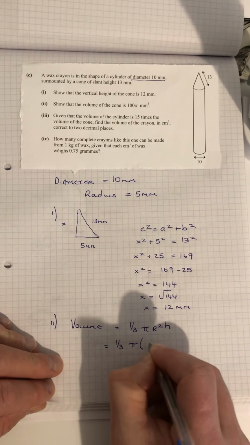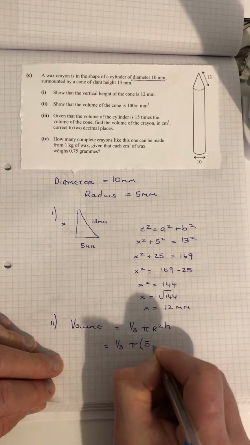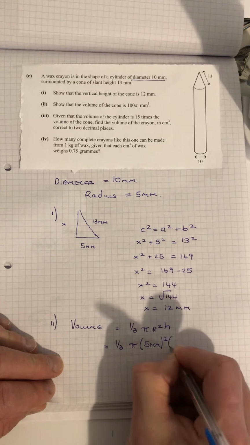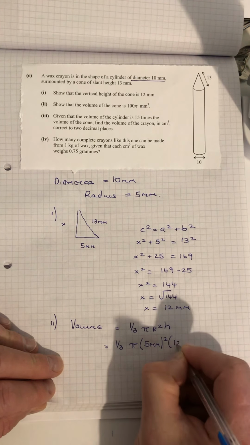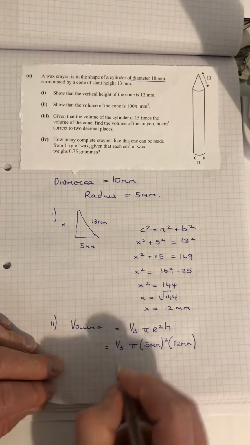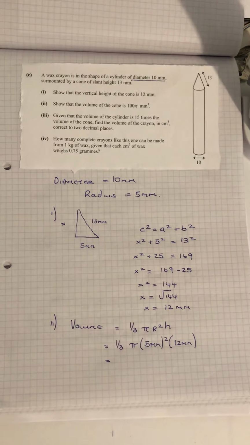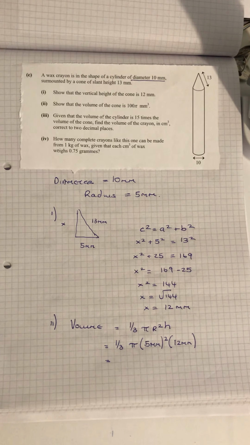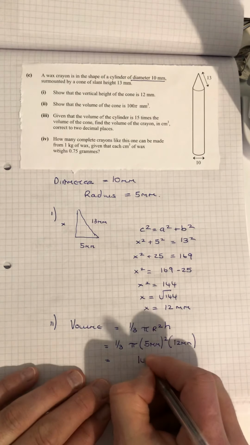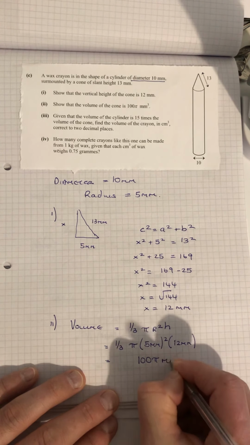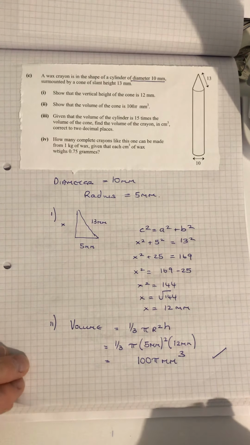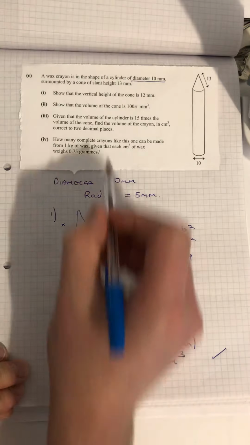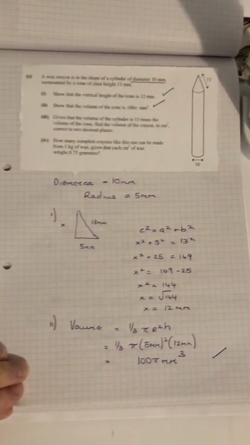The radius we know is 5 millimeters squared, and the height is equal to 12 millimeters. So which is equal to, use your calculator, 100 pi millimeters cubed, which is what we expected. Okay, so there we're looking for the volume, and we have shown. So the two of them are shown.